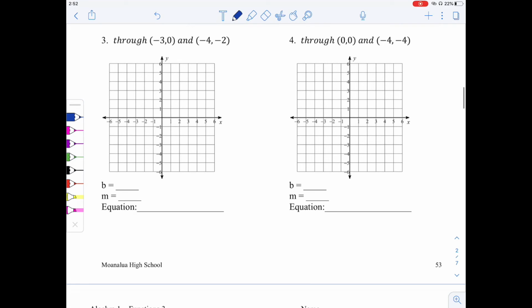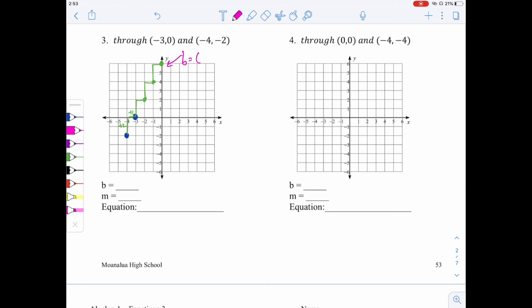Okay, let's do a couple more. Again, we graph our point (-3, 0) and (-4, -2). It's right there. And then we can see from there what our slope is, because we go up 2, right 1, up 2, right 1, and we eventually hit our y-intercept right there.